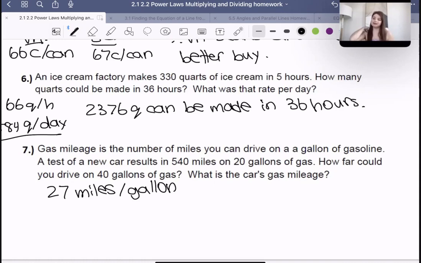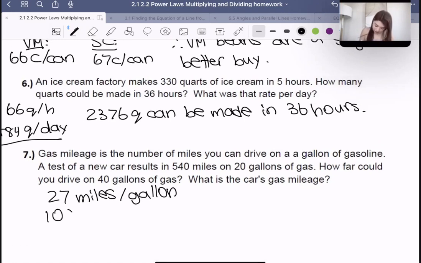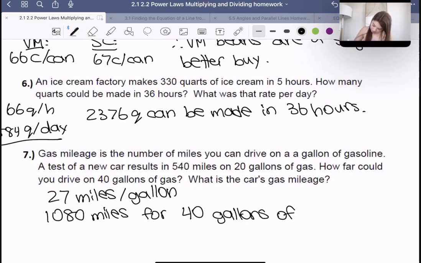So 27 miles per gallon. And then if we multiply that by 40, or if we just multiply 540 by 2, we will get that it's 1,080 miles for 40 gallons of gas.